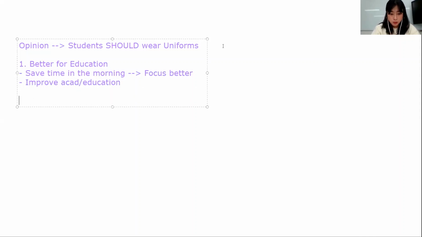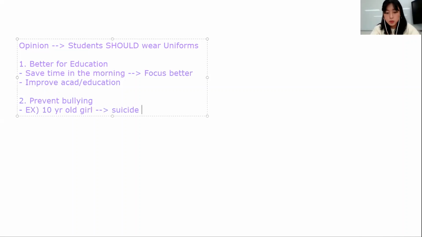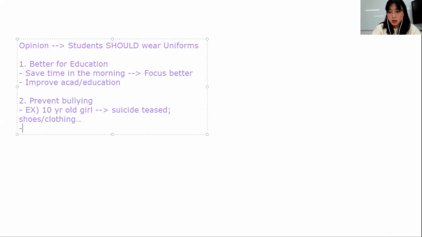Her second point was that it is going to prevent bullying, right? And as an example, she talks about how there was a 10-year-old girl who eventually committed suicide because she was teased for her shoes and her clothing. At school, it's very hard to stop students from judging a book by its cover.